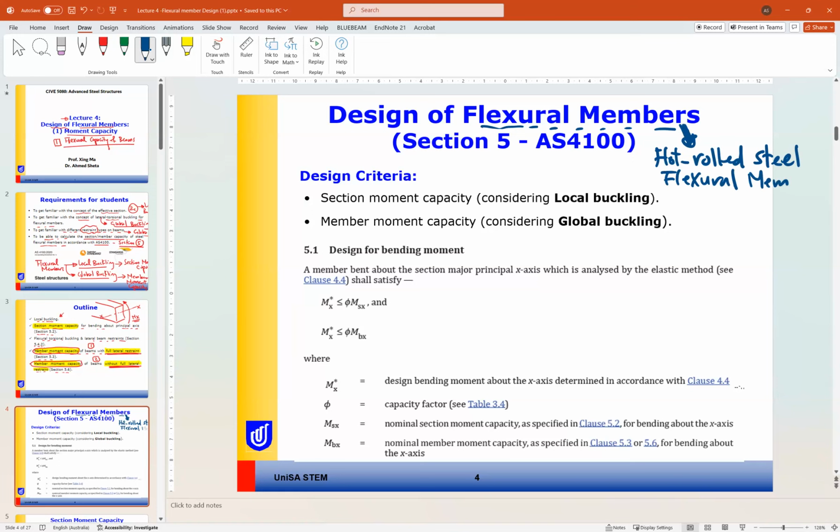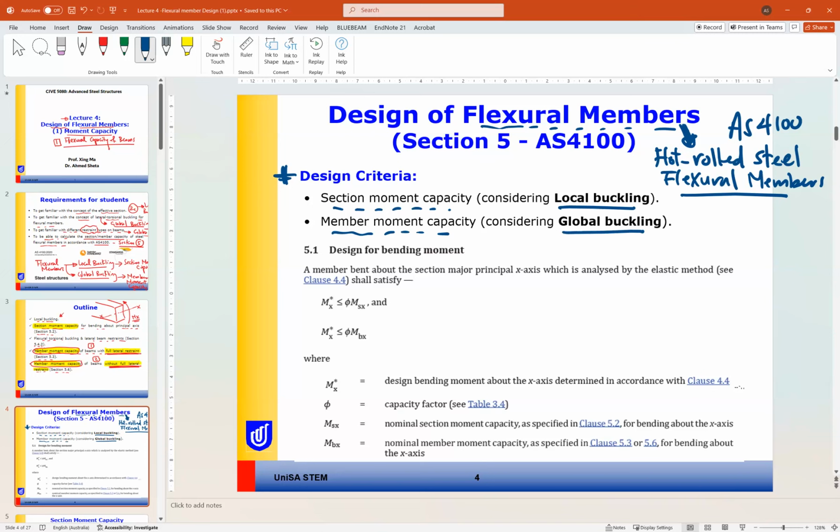We are still in the first part of our course, so we're still in the hot rolled steel, which is covered by AS4100. Okay, so the design criteria in the standard are two. One of them is the section moment capacity, considering the local buckling behavior, and the member moment capacity, considering the global buckling behavior.